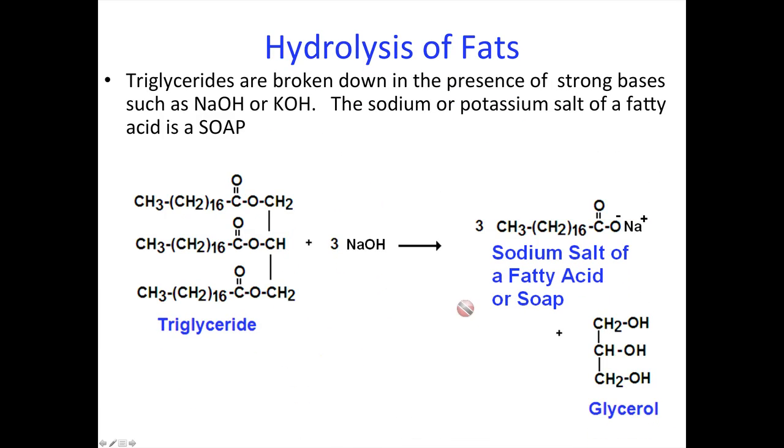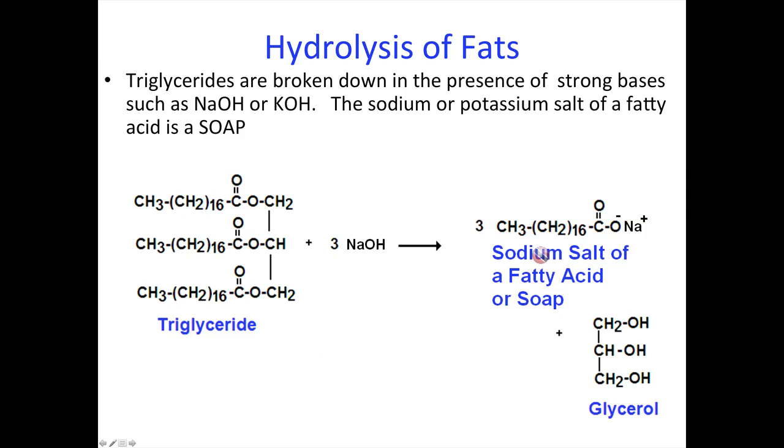Now in the lab, we could also hydrolyze triglycerides. But instead of using an enzyme, we could use a strong base such as sodium hydroxide or potassium hydroxide. If you do that, you're going to get the sodium or potassium salt of the fatty acid.